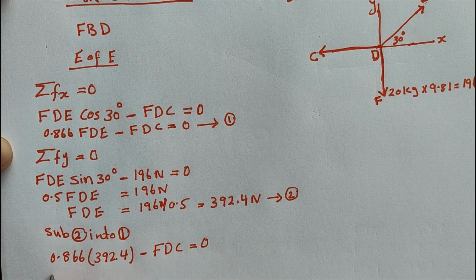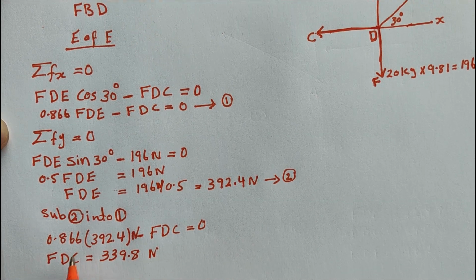From here we can say that FDC, when we take this to the other side, is just these two multiplied together, and this is of course in Newton. When we multiply these two together, we get 339.8 Newton. So this is FDC.